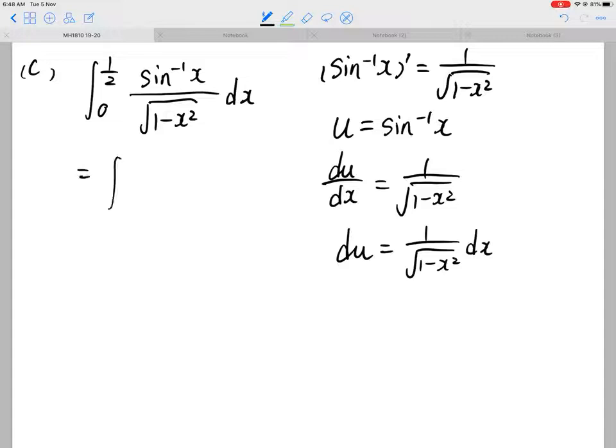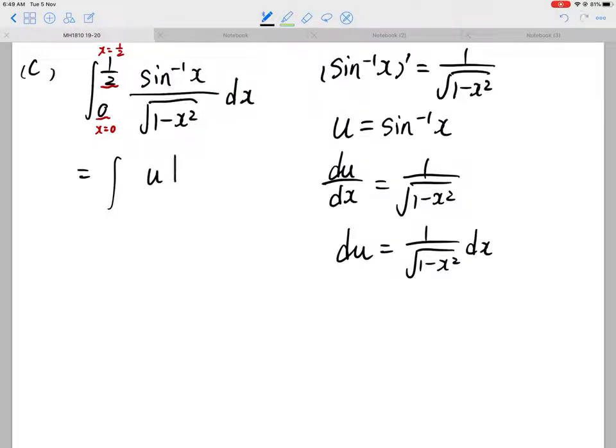Okay, so this part. Now for the definite integration, it's a little bit different. So you can see here, it's from x equals 0 to x equals half. Right, now we want the integration to be u. So here it's u. This part is du.